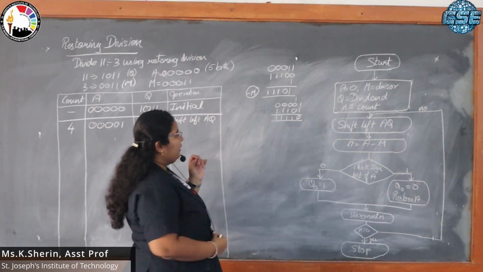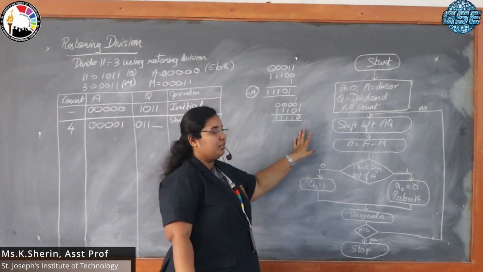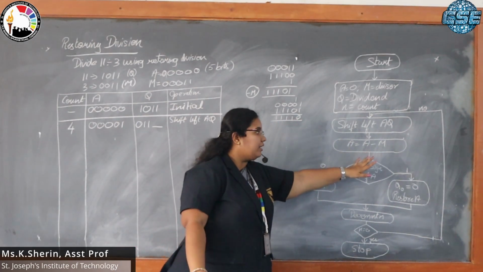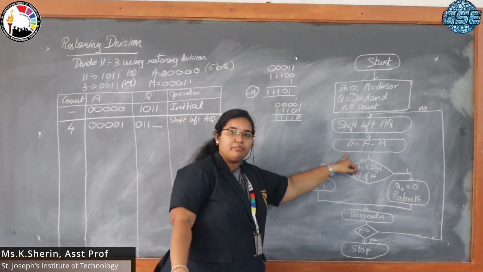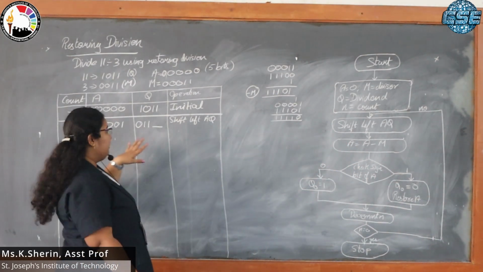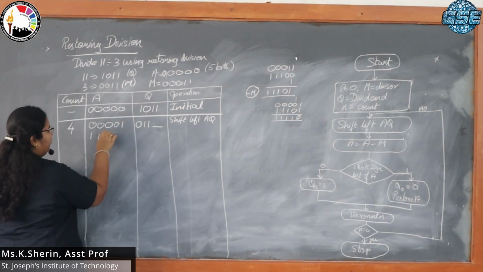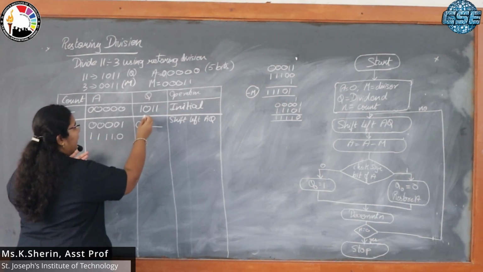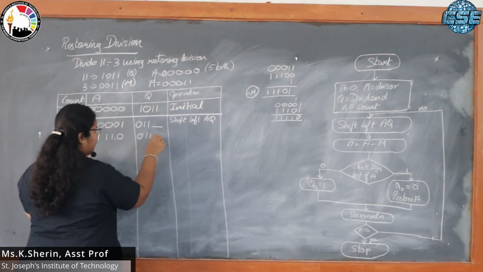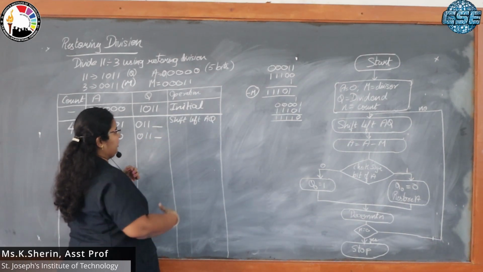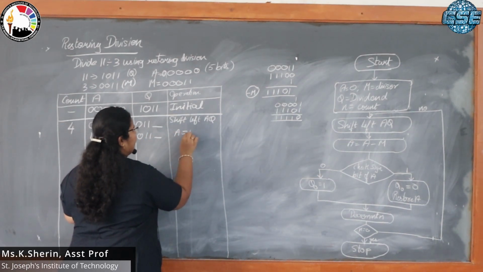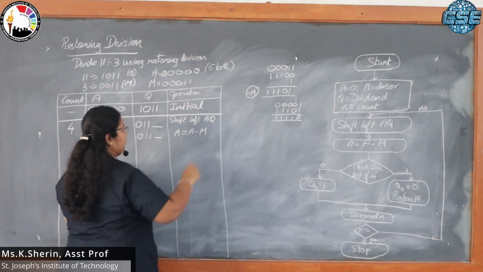So I'm getting a new value as 11110. So where will you store all these things? A minus M is going to be stored into my A, replacing the initialization value. So I'm writing the value as 4 ones and 0, and the Q step is going to be the same procedure. I'm writing the operation as A is equal to A minus M.